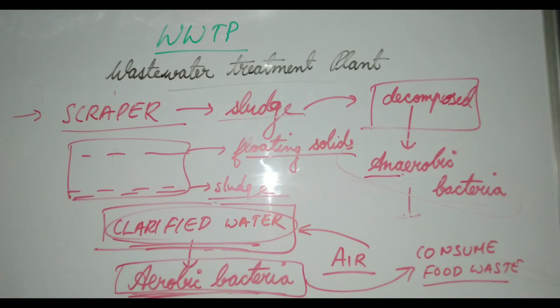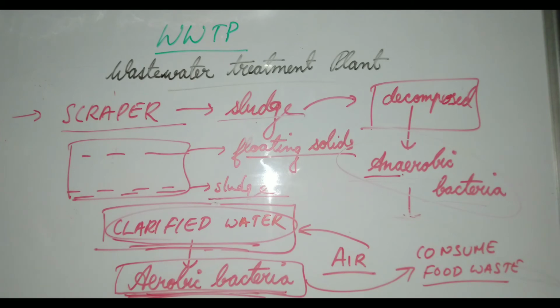Now after several hours, the suspended aerobic bacteria will settle down. See, basically the clarified water will contain some sort of food waste, any unwanted material that is consumed by the aerobic bacteria.